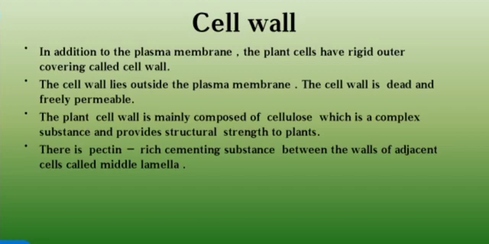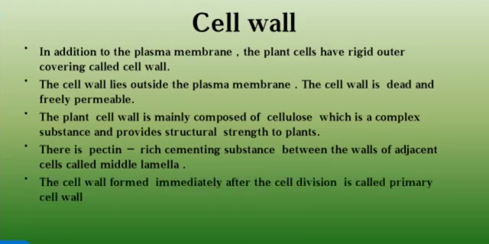It is a cementing substance, and that substance is called the middle lamella. Then the cell wall formed immediately after cell division is called the primary cell wall. That means after the cell division, the first layer formed is called the primary cell wall.